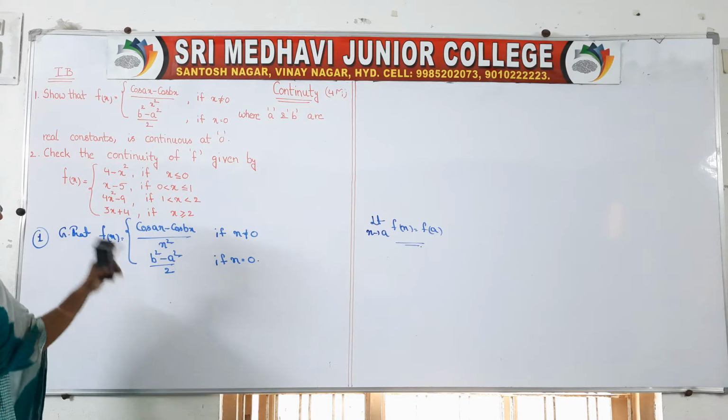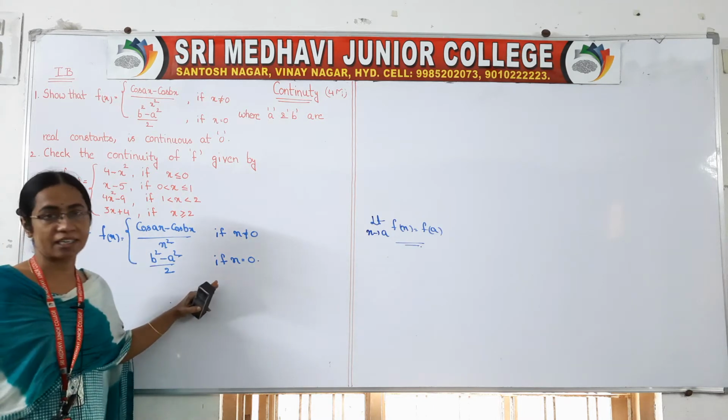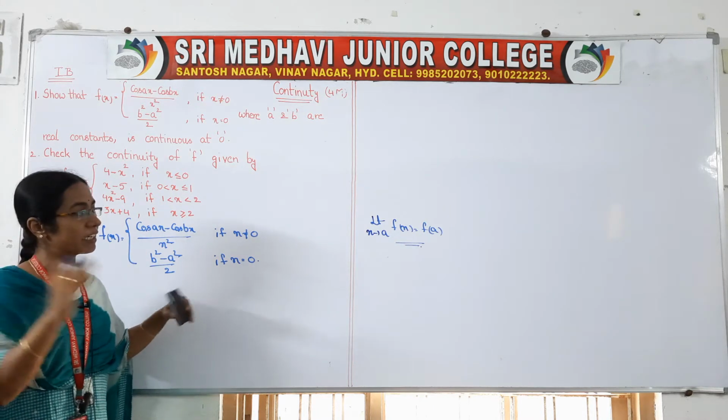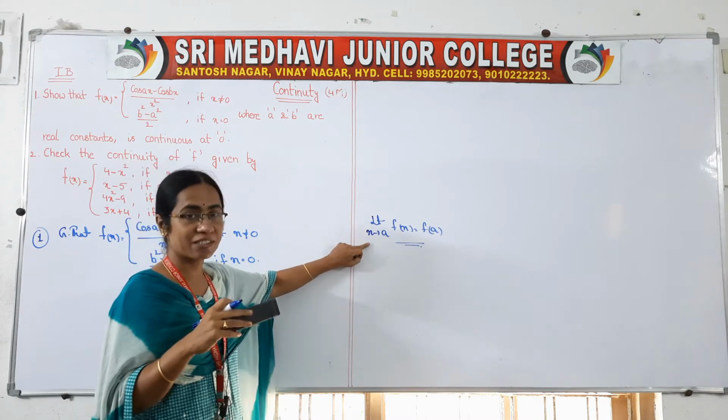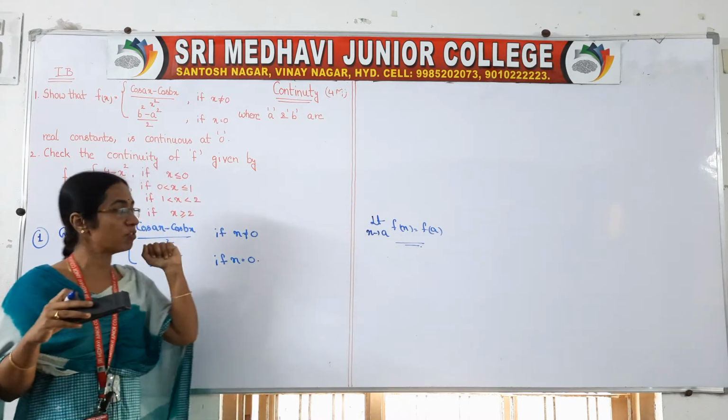So whenever less than, greater than is not given, directly we will take limit x tends to a, f of x value we will find.